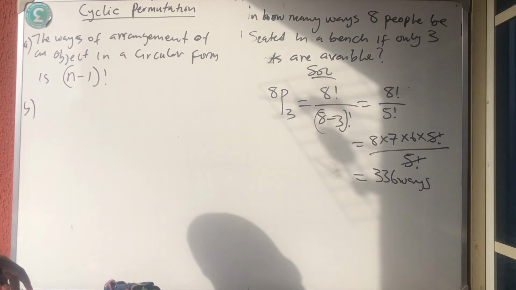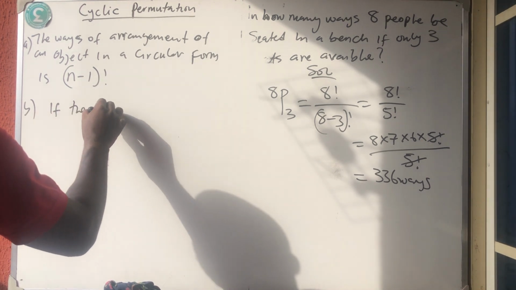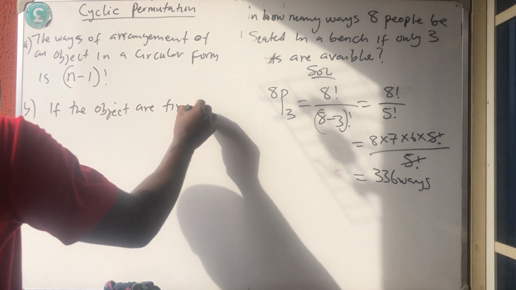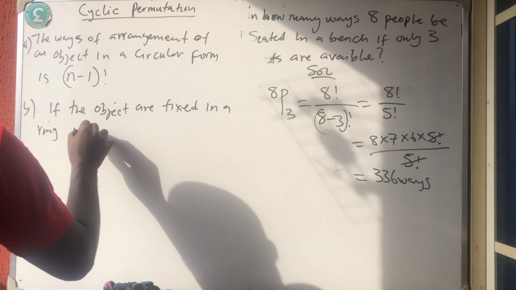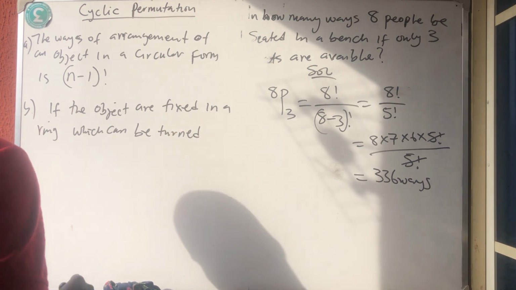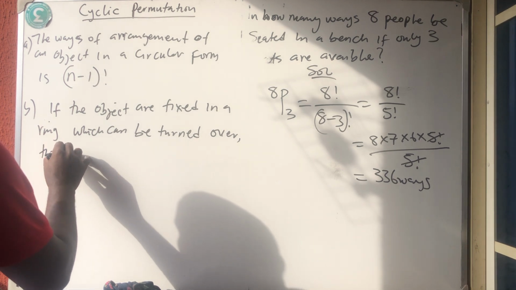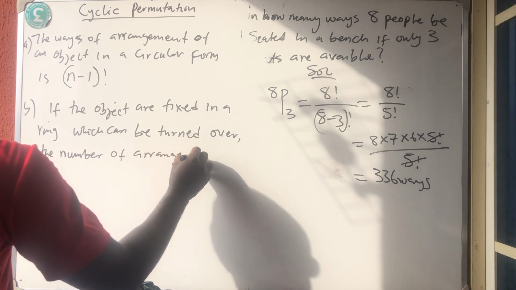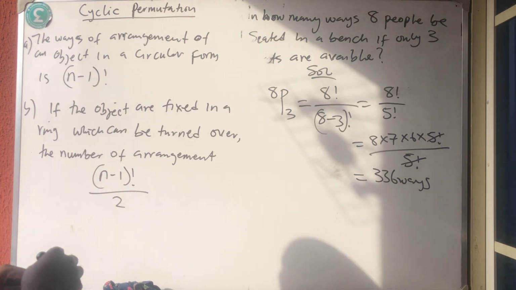Now for B, they said if the objects are fixed in a ring which can be turned over, the number of arrangements is simply n minus 1 factorial divided by 2, half of this one.